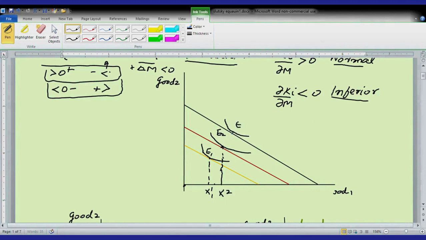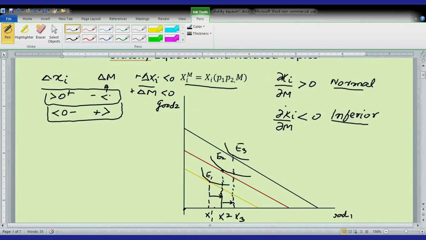For a further increase in income, we still observe an increase in consumption of good 1, and so we are here. And we see that with the increase in income, consumption of good 1 increases, so that this derivative ∂x1/∂m is greater than 0.